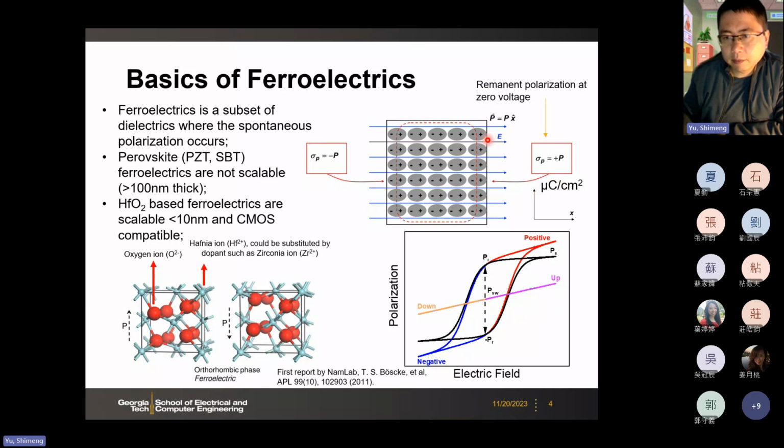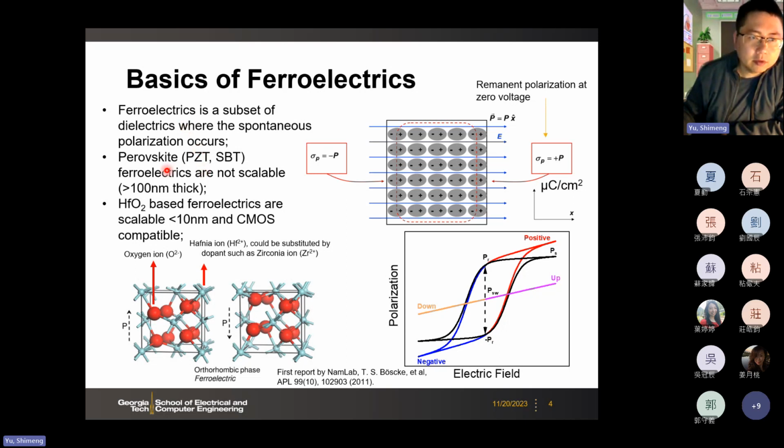So this is the number of charge divided by the surface area. And this ferroelectric has this property: after the electrical field is removed, we still have the surface charge. So that's the ferro material.